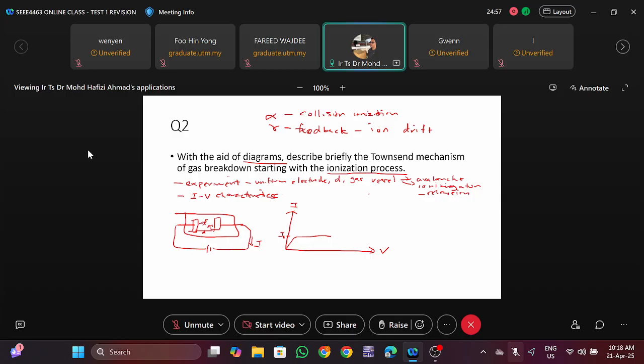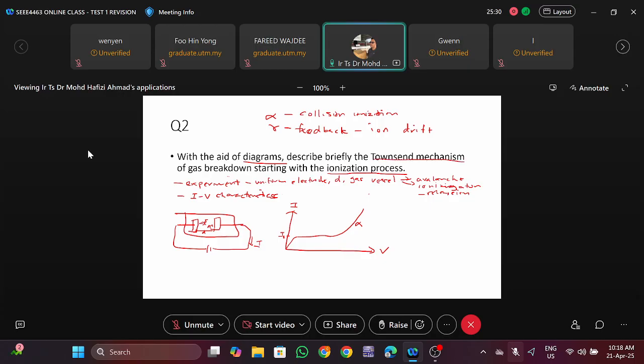But then when voltage is increased and it increases kinetic energy, then you must start to see ionizations, and then it may produce alpha, which is considered as the number of electrons per ionization collision. Okay, so these two diagrams you should explain so that you are able to answer or describe briefly the Townsend mechanisms.